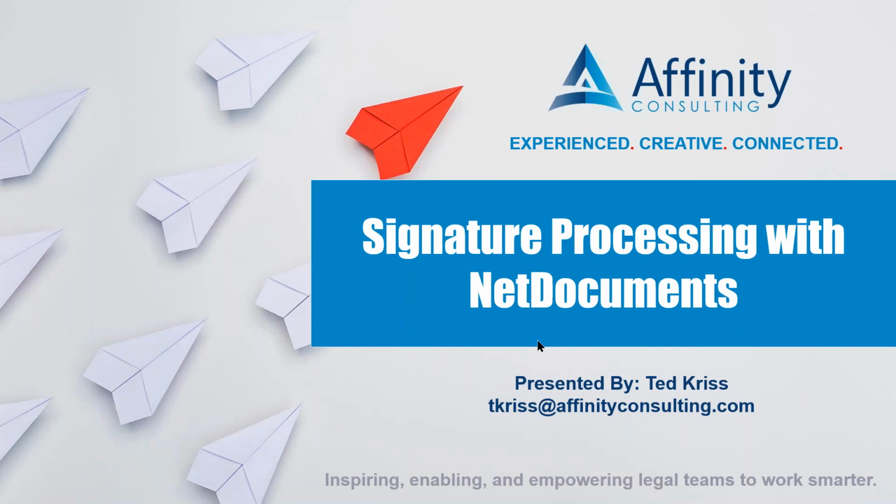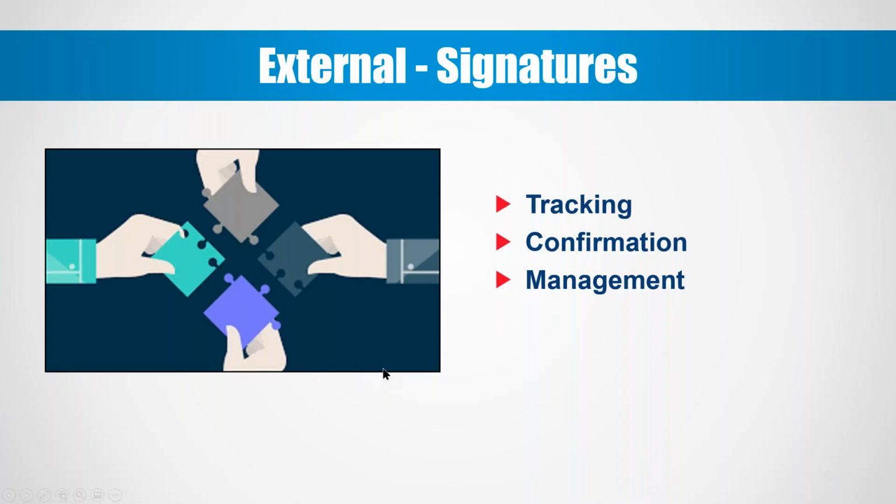Before we get started, we're just going to go through a couple of slides before I do a live demo for you. First thing I wanted to do is talk to you about our signature process. For almost everyone attending this webinar, sending out your contracts externally has become a big thing.